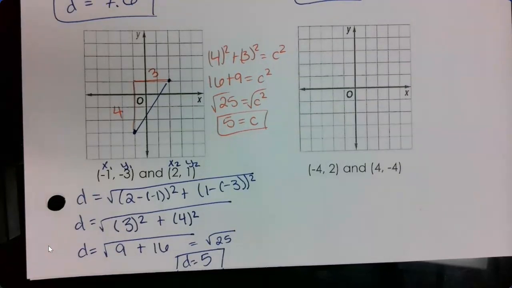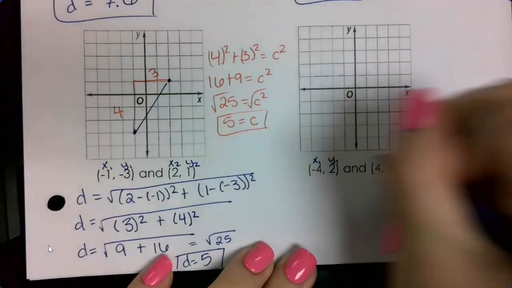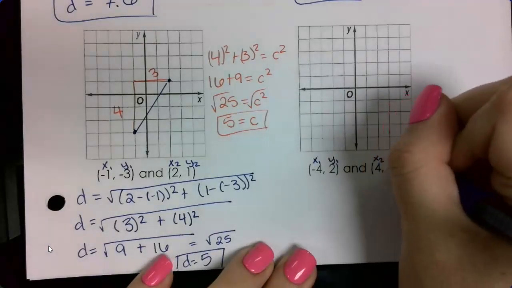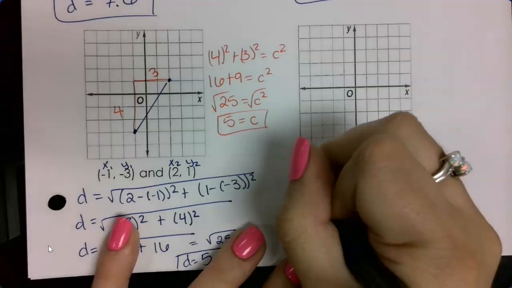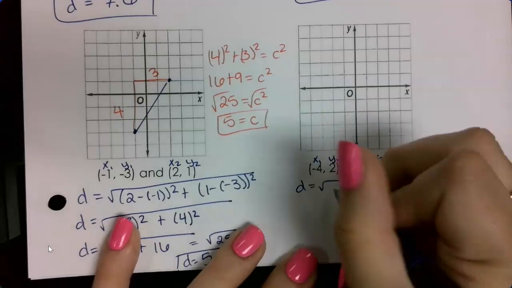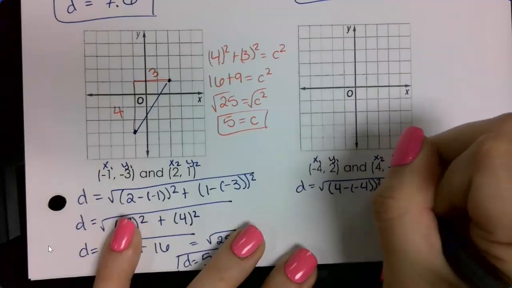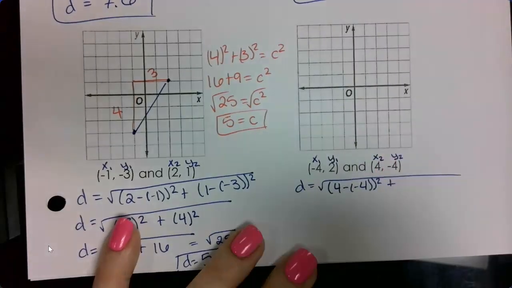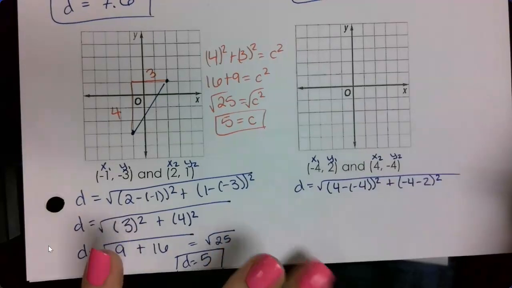Okay, so I want to go ahead and do the same thing for my last problem. I need to start off by labeling my x sub 1 and my y sub 1, my x sub 2 and my y sub 2. And then I plug into my distance formula. So I'm going to have 4 minus negative 4 squared added to negative 4 minus 2 squared.